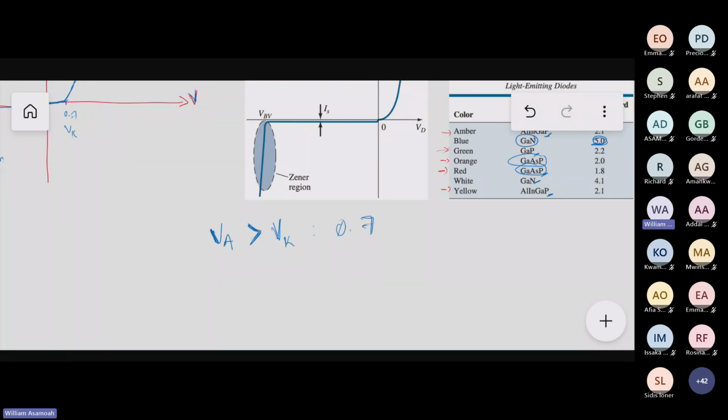We use silicon diodes so much that whenever we talk about diodes, we always approximate it as 0.7. A diode will conduct only if the anode is greater than the cathode by 0.7. The moment it is, it conducts.